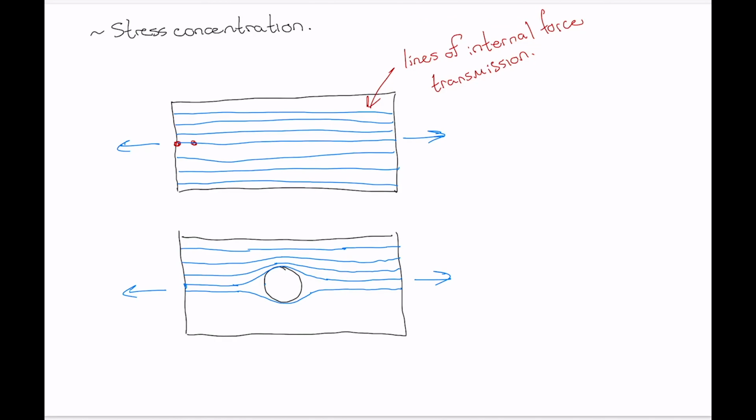Now, we know that stress is a measure of average internal force, so the density of these lines of internal force transmission is sort of a proxy for stress. And what you can see is that right at the edge of this hole there, we get a densification of the lines of internal force transmission.